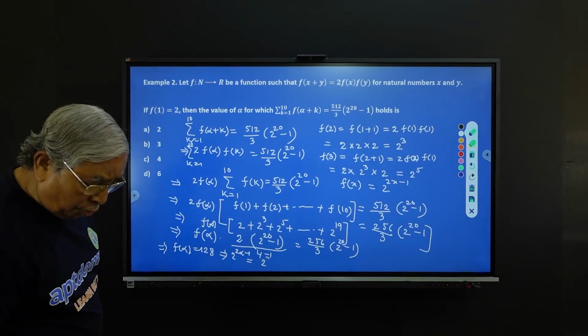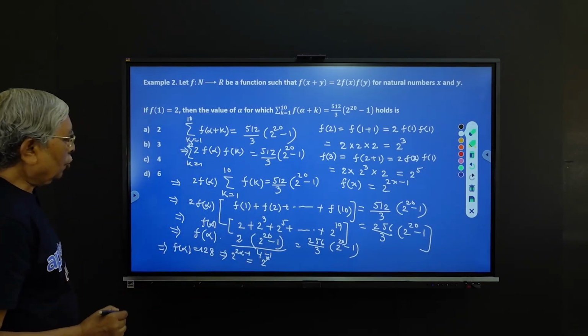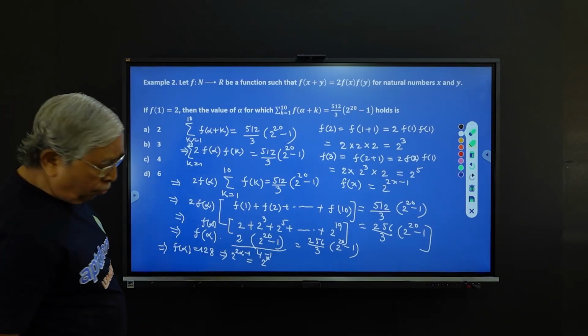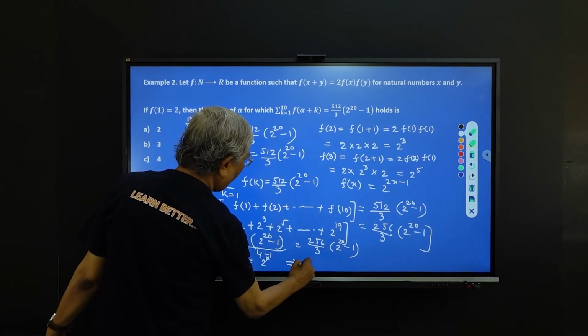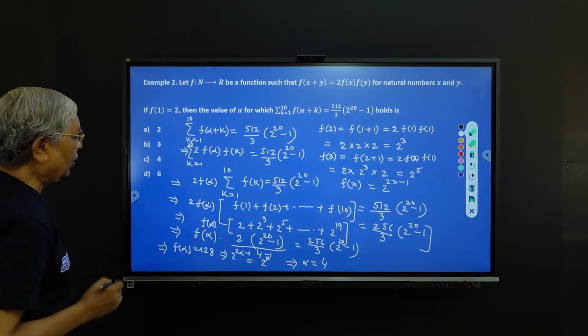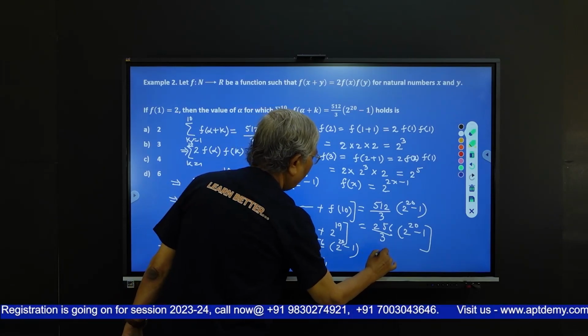So this implies that α is equal to 4. So the correct option is C.